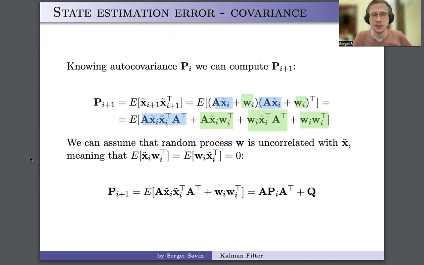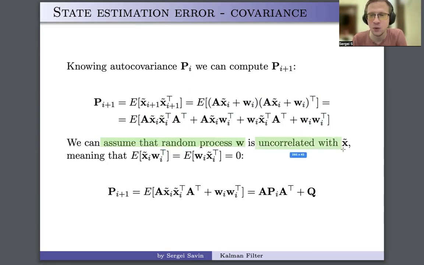Now comes the first non-trivial part, which is easy, but you need to hear it. We can assume that the random process omega is uncorrelated with x tilde, meaning that the mean of x tilde I omega I transposed is 0, and the mean of omega I x tilde I transposed is 0.